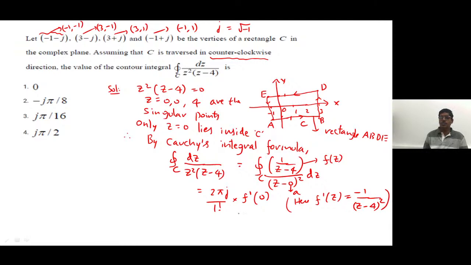So putting z is equal to 0, you will get 2 pi j multiplied by minus 1 divided by minus 4 whole square, which is 16. So this is minus j pi by 8. So the answer is minus j pi by 8, accordingly option 2. Please check.